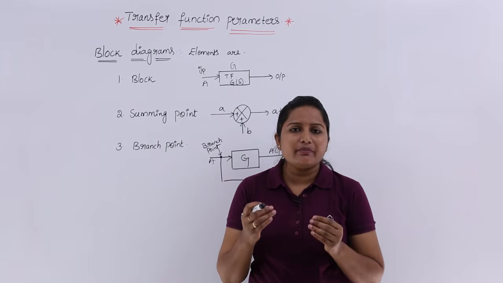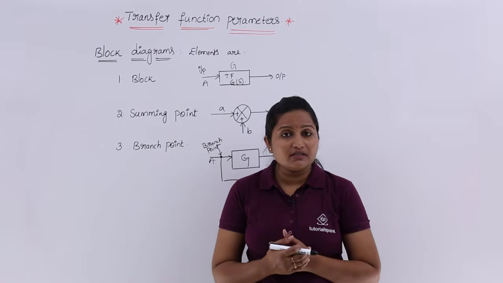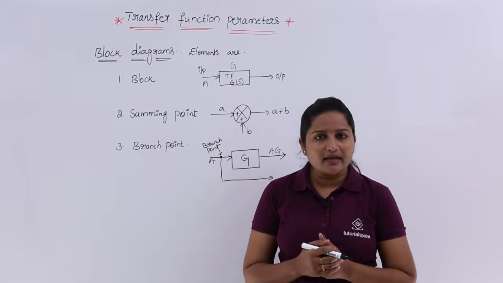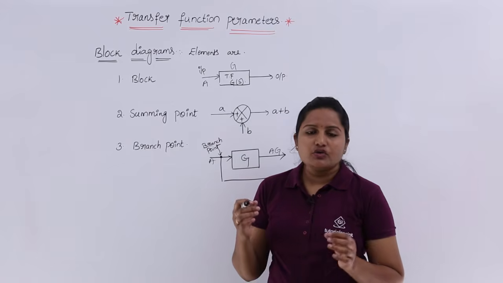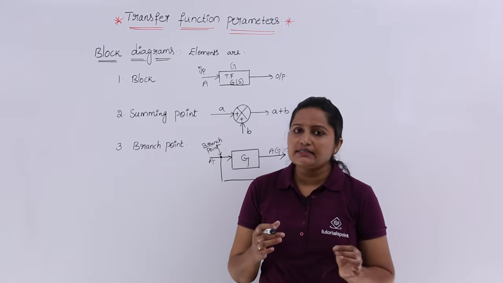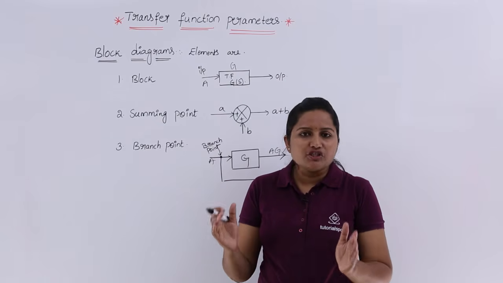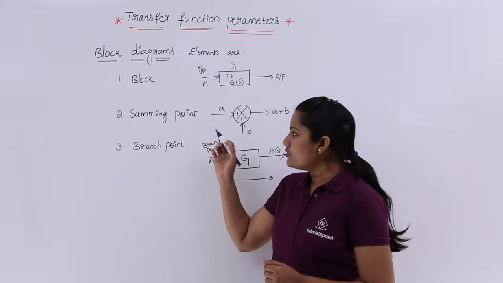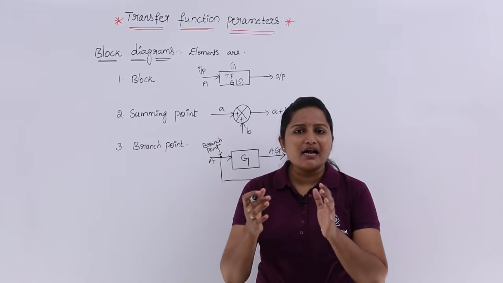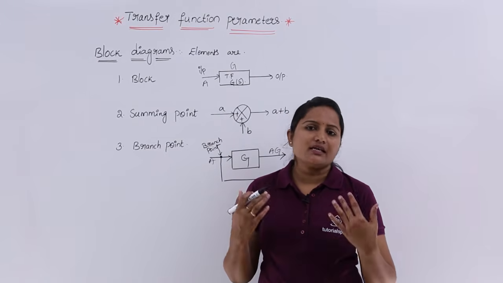It has three basic elements: block, summing point and branch point. Through a block, signals enter and leave, and according to the functionality of the block, the signal is modified. By using a summing point, we can add 2 or 3 signals, and we can also subtract the signals.